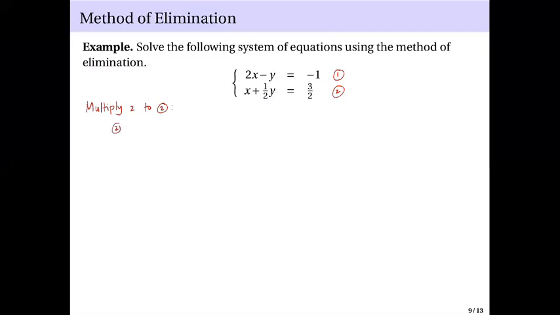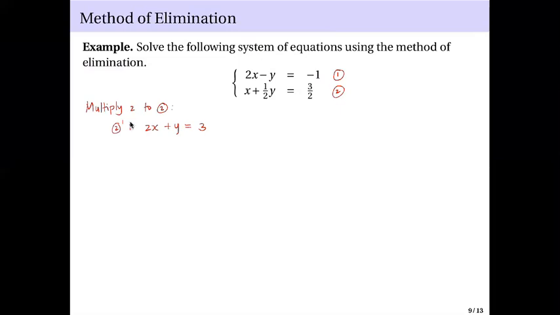So equation 2 prime, that becomes what? 2x. So you multiply the 2. So you will get 2x plus 1 half y times 2. So it becomes plus y. And then here, equals 3 halves times 2. That becomes 3.